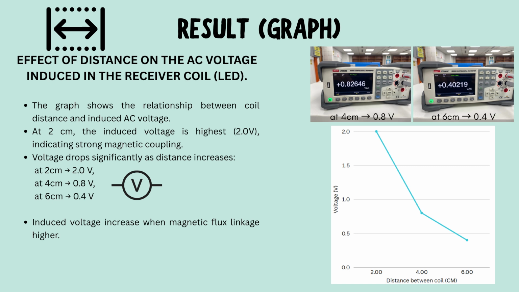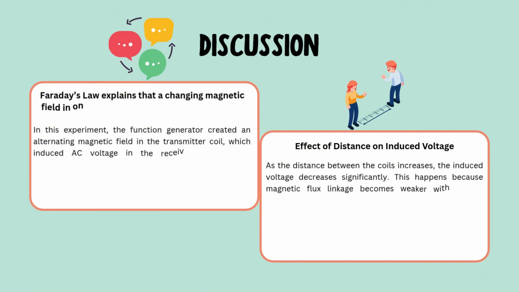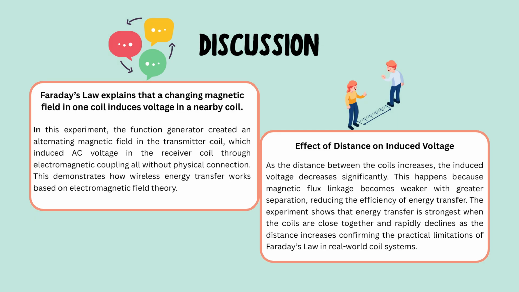So we can conclude that wireless energy transfer using inductive coupling is most effective at short distance where the magnetic field is stronger and flux linkage is higher. Faraday's law shows how a changing magnetic field induces an electric current in a nearby coil, forming the basis of wireless energy transfer. In this process, a primary coil generates a magnetic field that transfers energy to a secondary coil without physical contact.